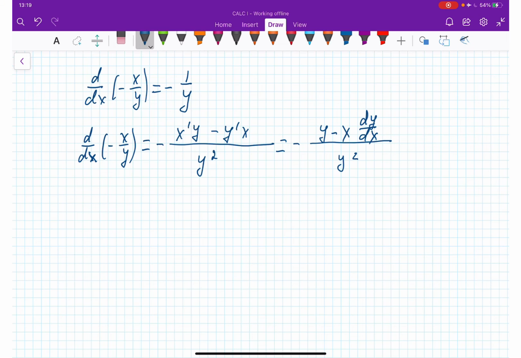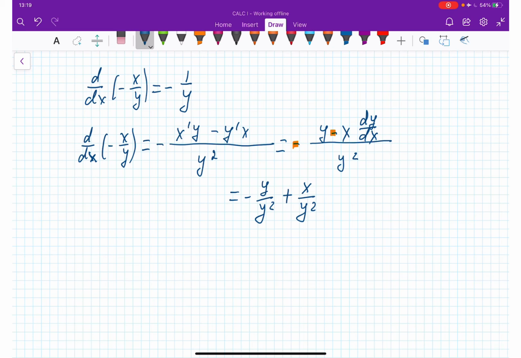You can take either this as a final answer, or you can break it down if you need. It's going to be negative y over y squared, and plus, because you have a minus here, it gives you plus x over y squared dy by dx.